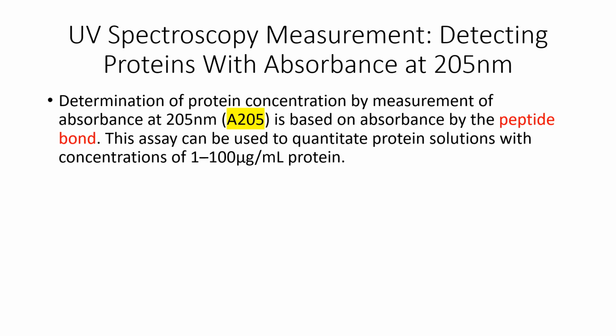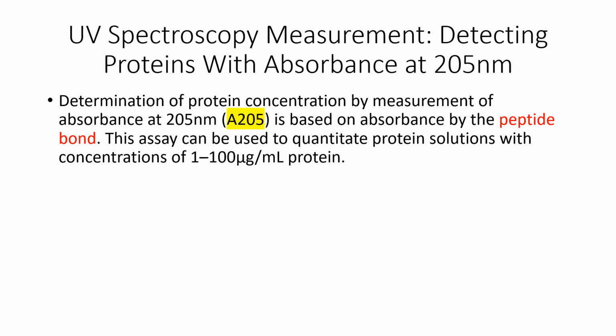So for a UV spectrophotometer to measure the protein concentration by using absorbance at 280, that would depend on the number of aromatic amino acids in the protein. In the meantime, we can also determine the protein concentration by measurement of the absorbance at 205 nanometer, and this would be based on the absorbance by the peptide bond.